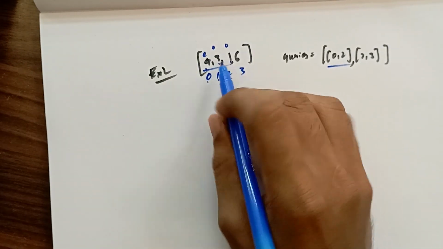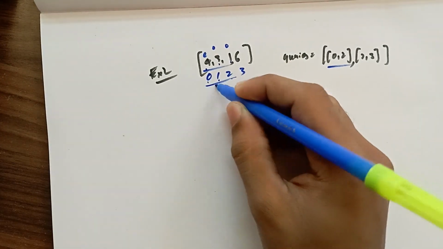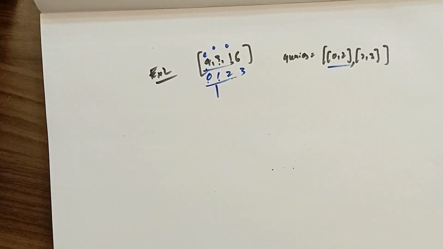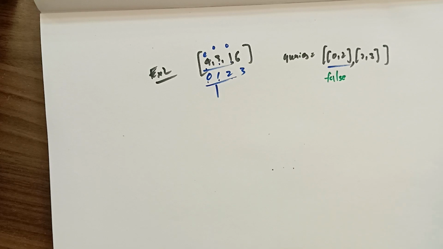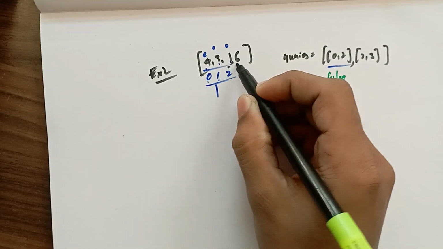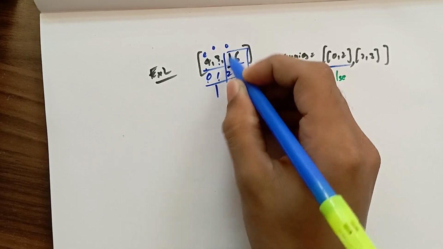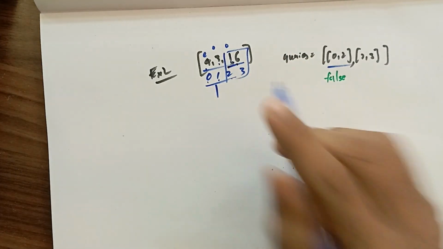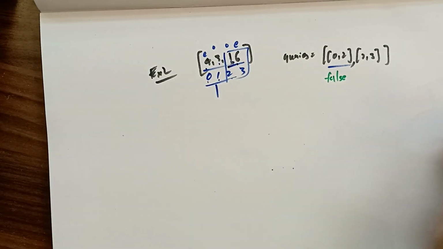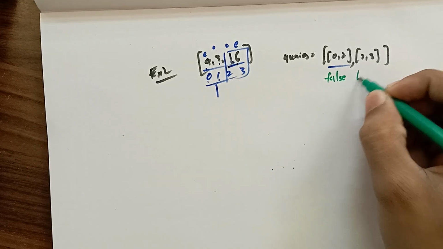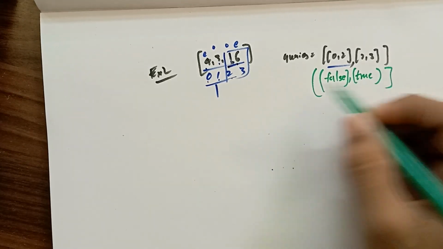So 3 and 1 have the same parity. So for 0 to 2 we will be having false. Now 2 to 3 is the subarray with the numbers 1 comma 6. 1 is odd and 6 is even, so they have different parity. So here it will be true. So we will be returning this boolean array as the output.